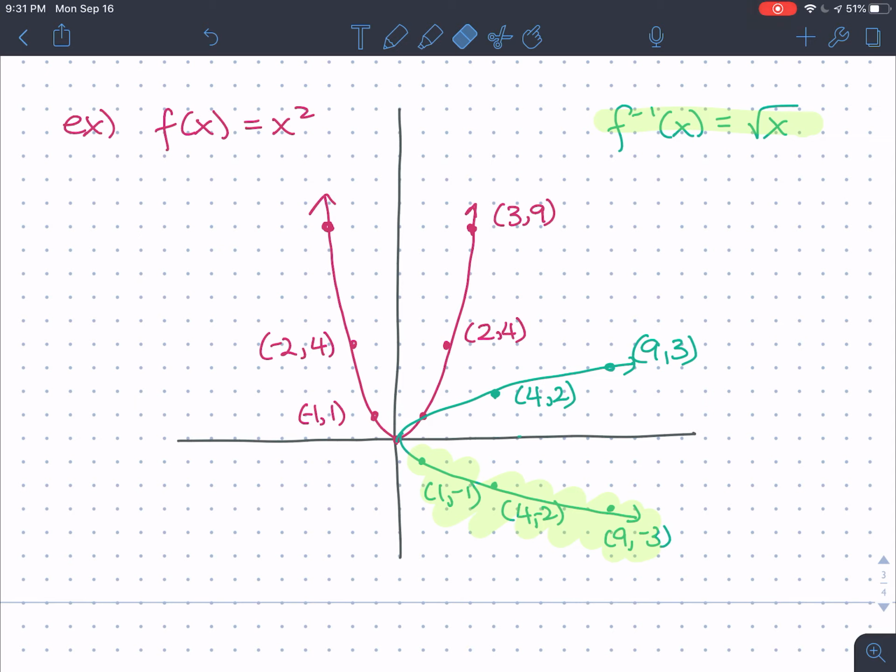We want functions, so we're going to get rid of this part, which isn't even part of the square root graph anyway, but now we don't really have reflections about the line y equals x. We have this part of the red parabola that doesn't have a corresponding part on its inverse.